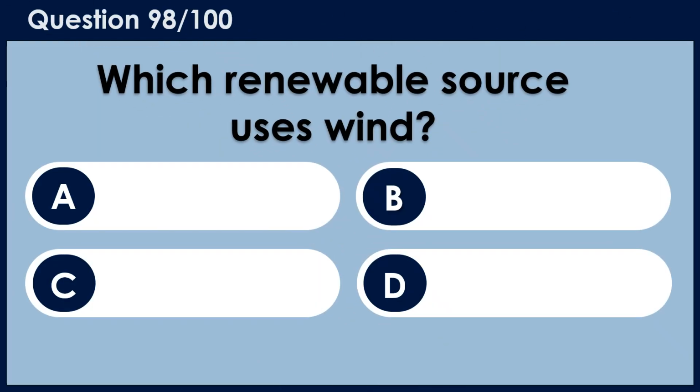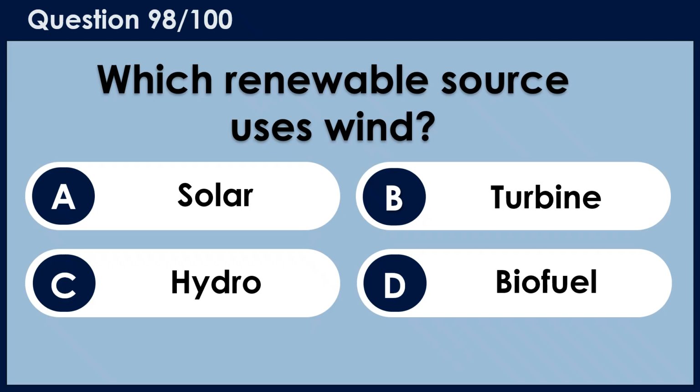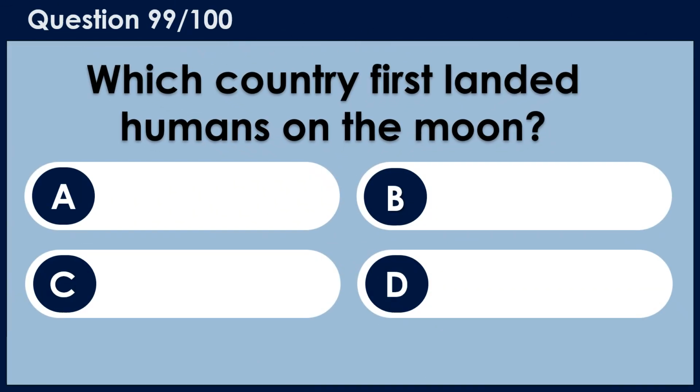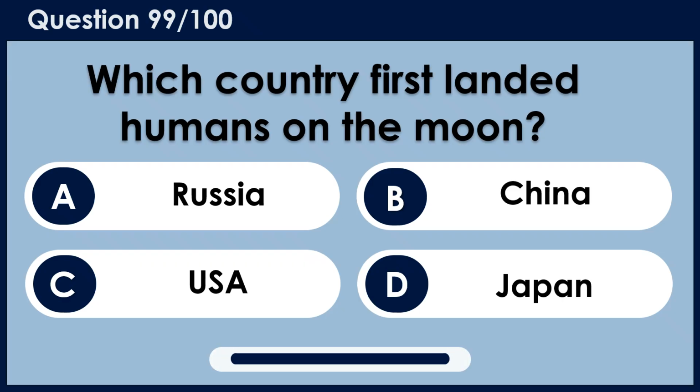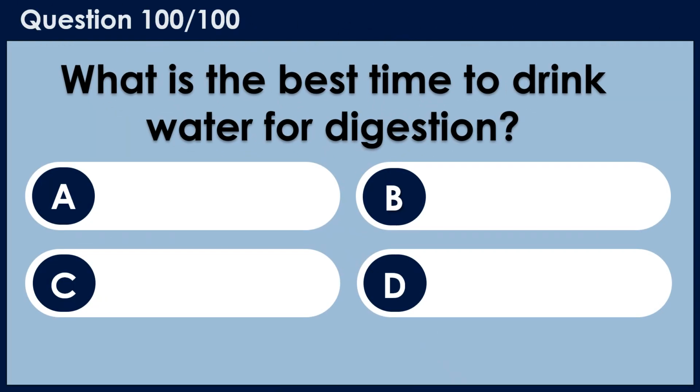Which renewable source uses wind? Turbine. Which country first landed humans on the moon? USA. What is the best time to drink water for digestion? Before meal.